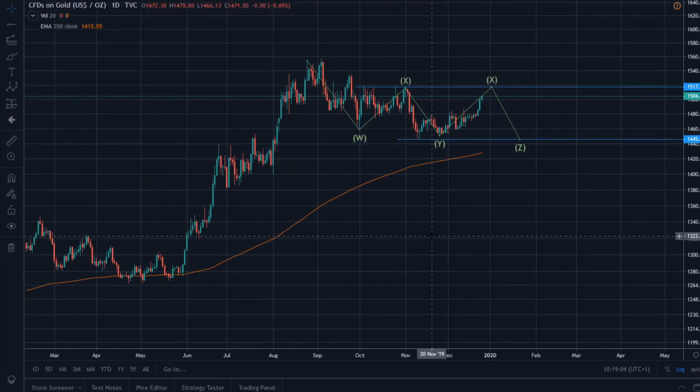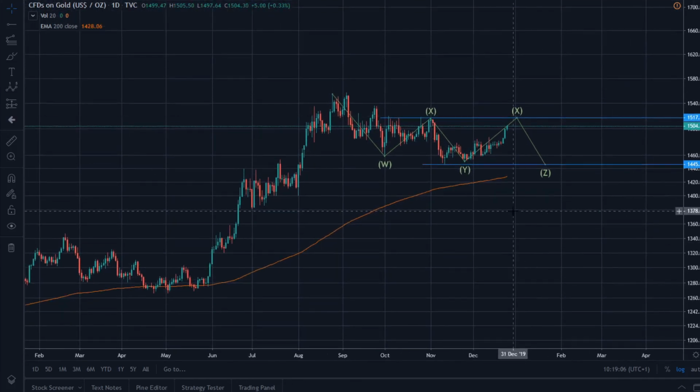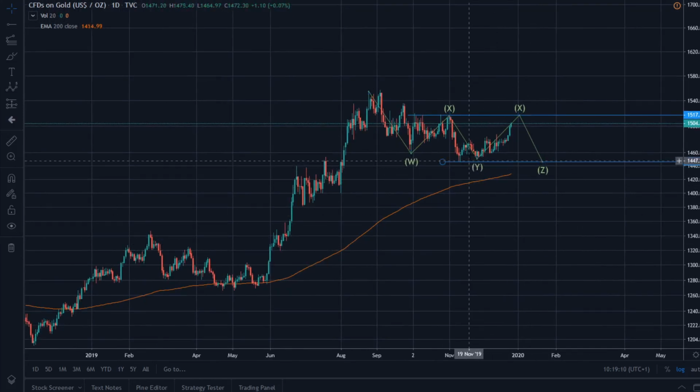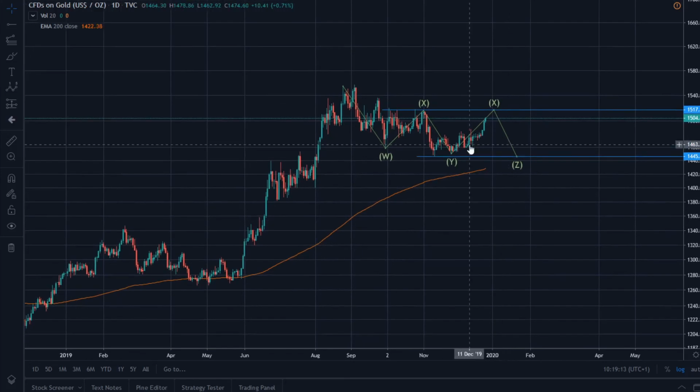But we will see. I think we have to let the next days pass, and in my opinion there's not yet a good, clear sign to do anything right now.